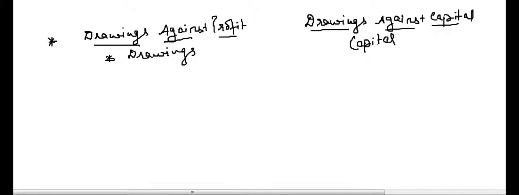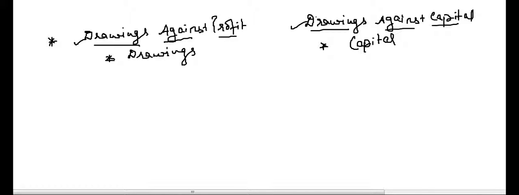Basically, we are introducing 1 lakh as capital into the business to start the business, and then afterwards we are withdrawing 20,000 from the capital and not from the profit. If it is from the profit, then it is called drawings. If it is the withdrawal of capital, then it is known as capital only. Okay, you have to be careful with this because the question can be on this also.